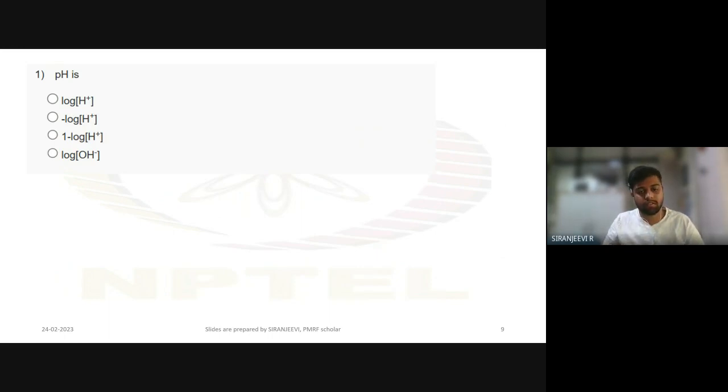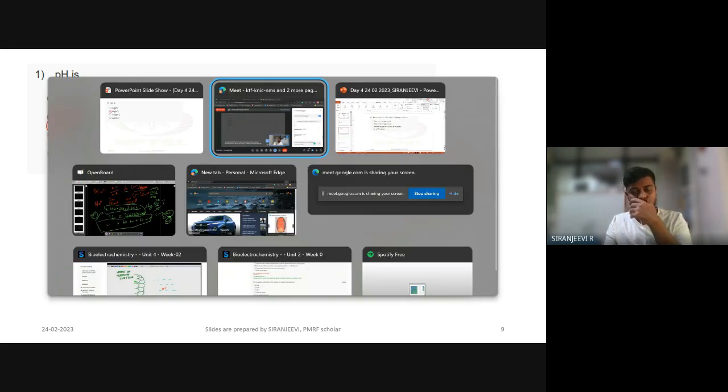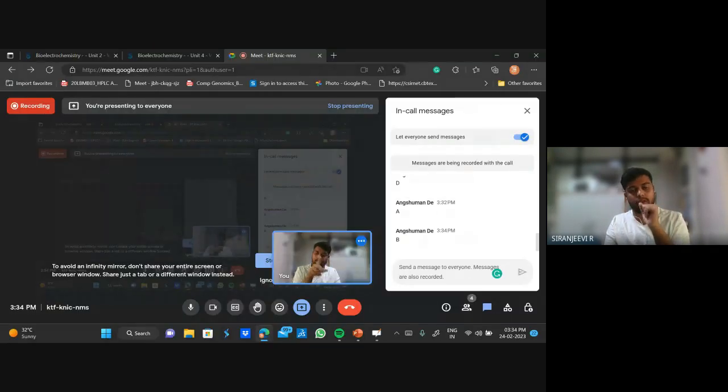Okay, this one, pH. pH is minus log H plus. Okay, you told me now, you have listened to my lectures. I will ask the same question. Suppose the pH of a solution is 8, and you are boiling it. After boiling it, if you check the pH, will it be the same pH or a different pH?